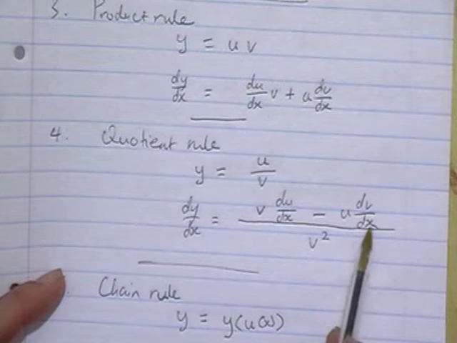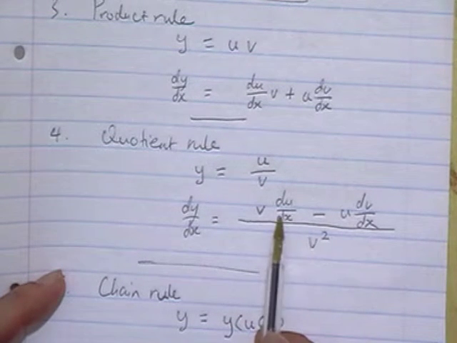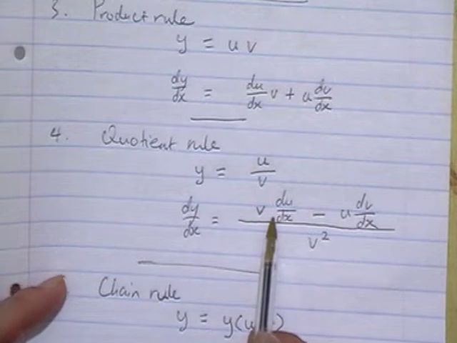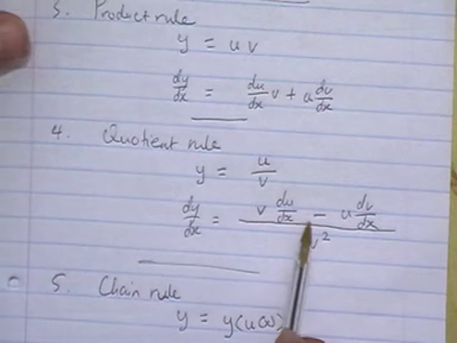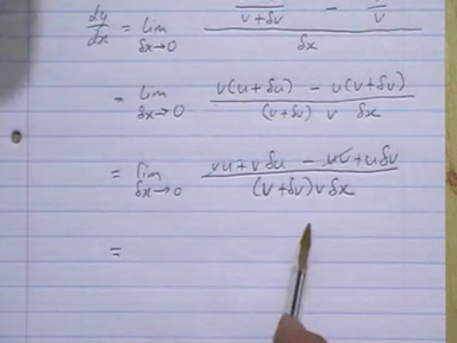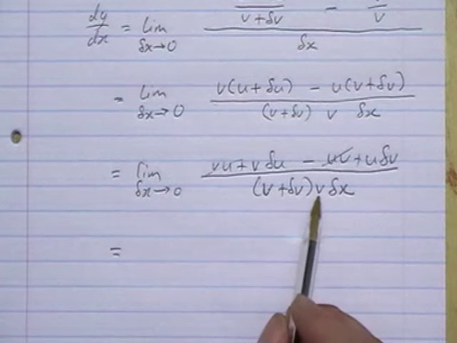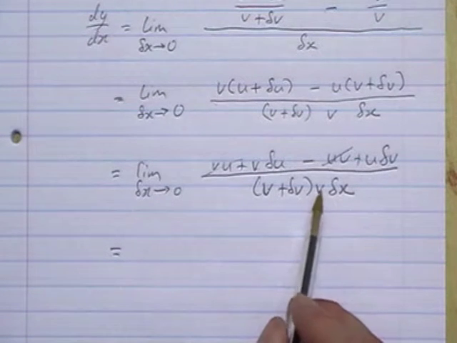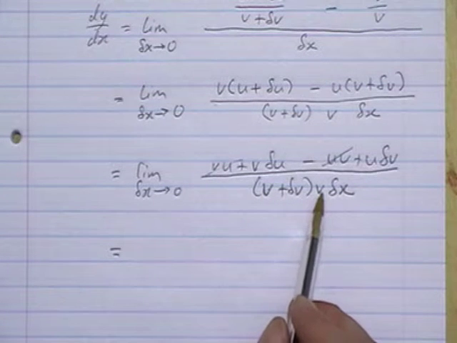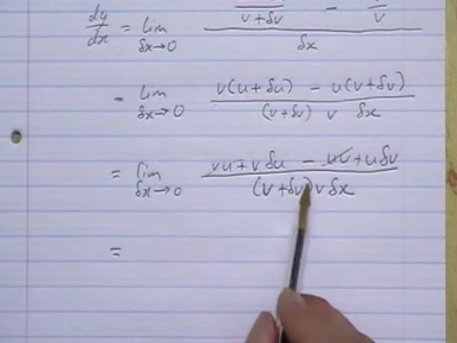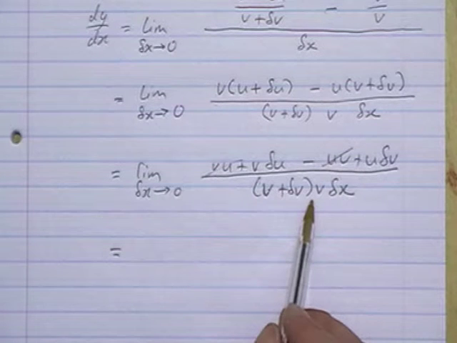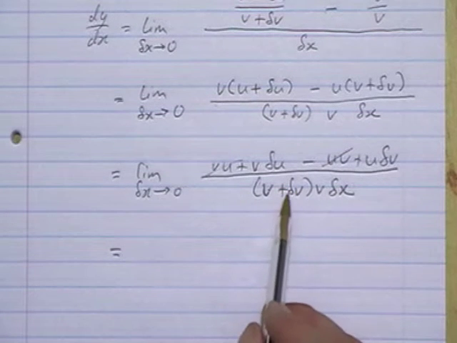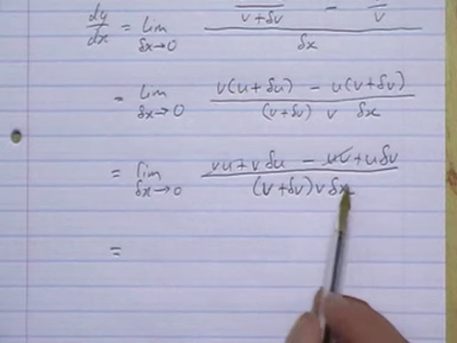Okay, and the dx has apparently come up into the numerator. So that suggests what we can do at this time. The v squared at the bottom would probably come from here, the v times this, somehow. Maybe because delta v would tend to 0.